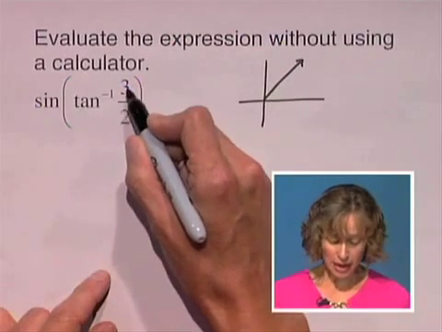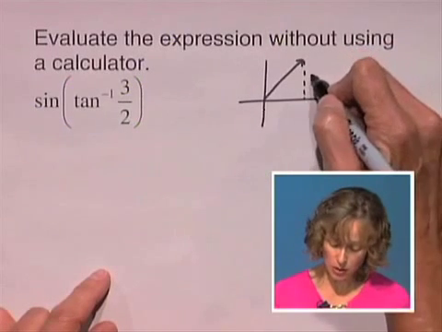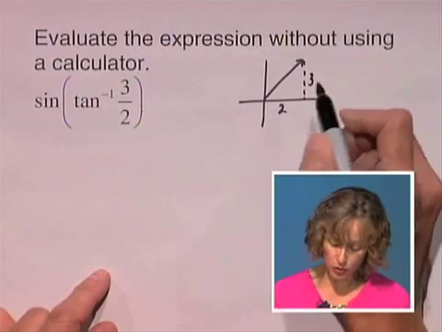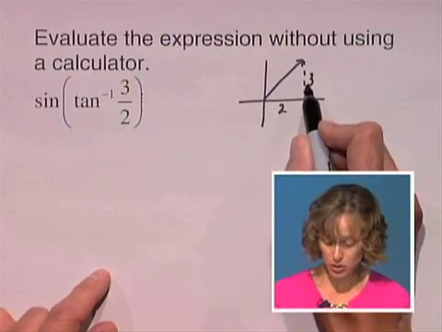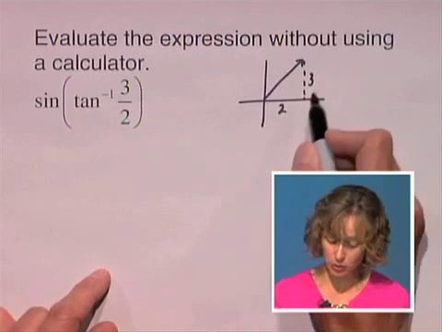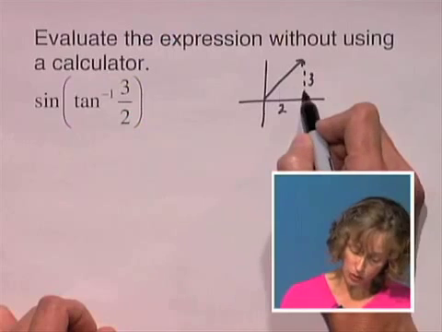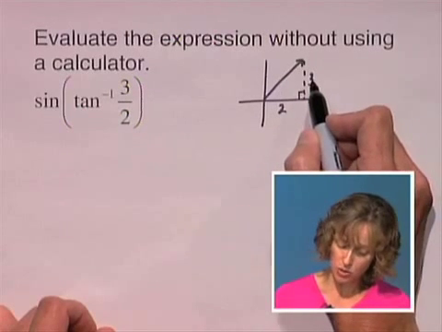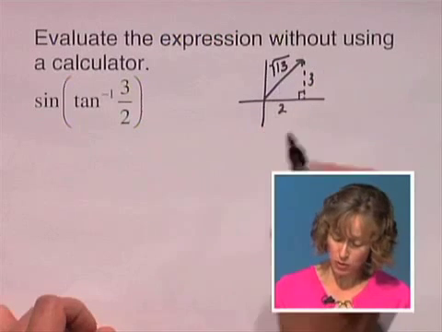And this is the angle whose tangent is 3 over 2. And since tangent is opposite over adjacent, I'm looking at some angle here whose tangent is 3 over 2 as labeled. Now using the Pythagorean theorem, the hypotenuse of this triangle, if that's a right angle right there, is the square root of 9 plus 4, which is the square root of 13.